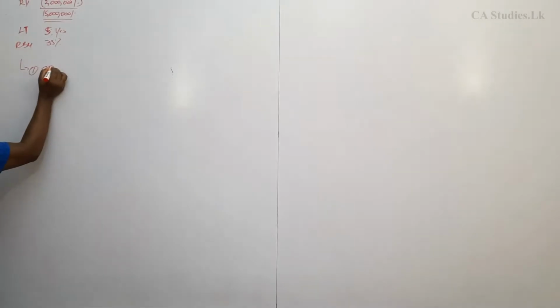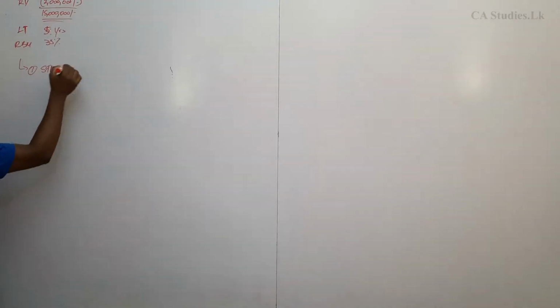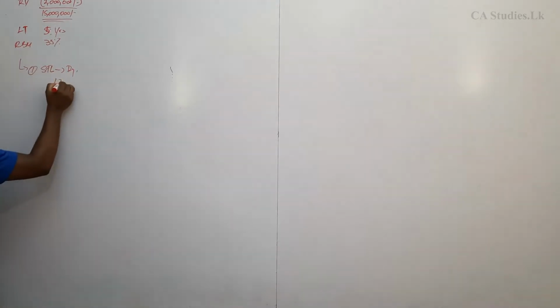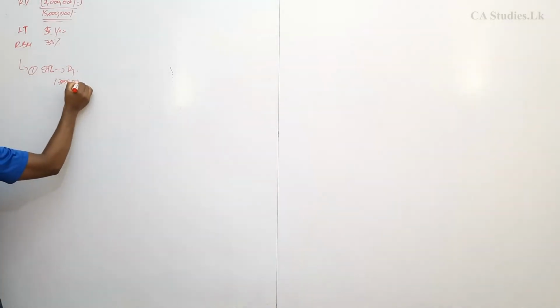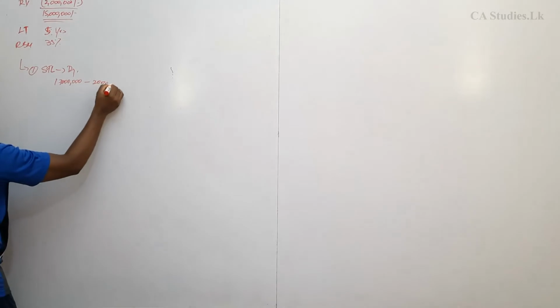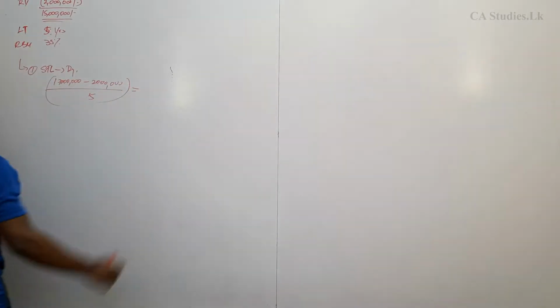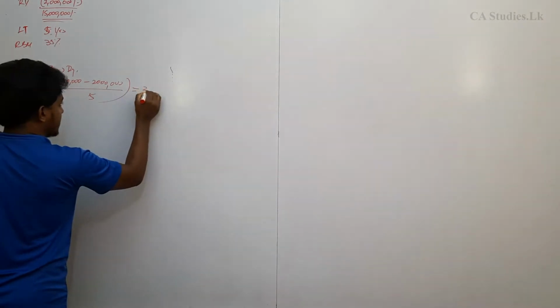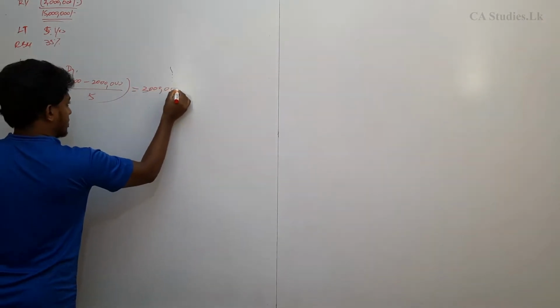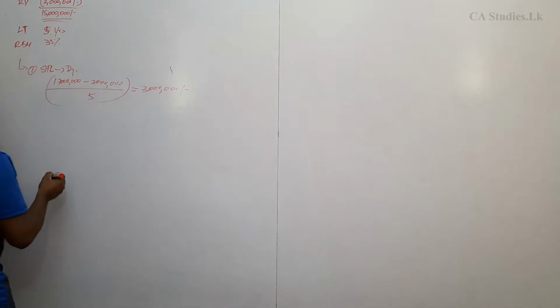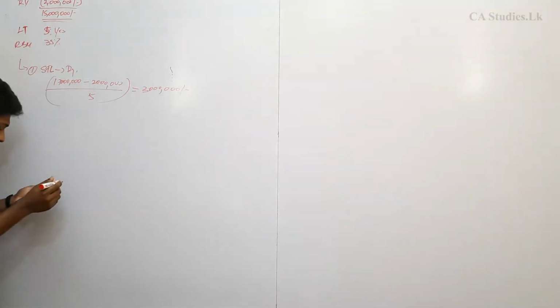According to the standard, for the straight line method, 17 million minus 2 million over the 5 years lifetime gives a depreciation of 3 million per year.